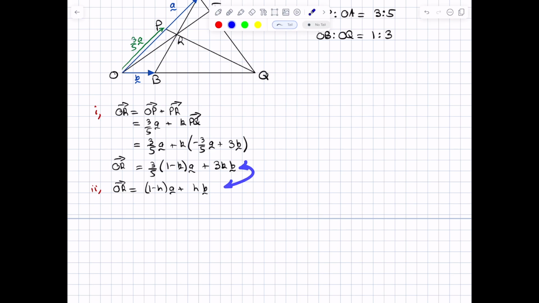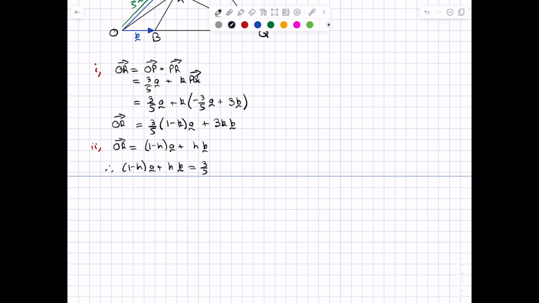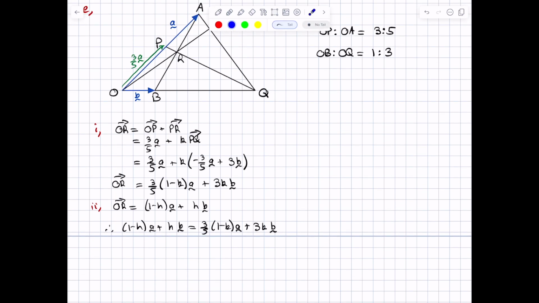So, therefore, (1 minus H) A plus H B is equal to 3/5 (1 minus K) lots of A plus 3K lots of B. And now here we'll notice that A and B are not parallel. This is A and this is B. These are not parallel vectors. And so now I can equate the coefficients of A and the coefficients of B.